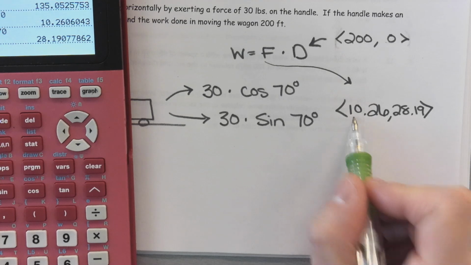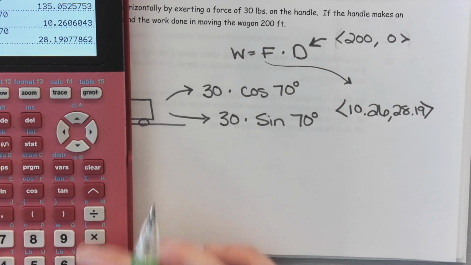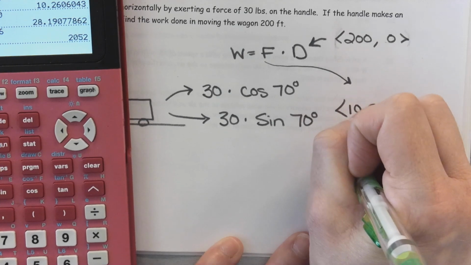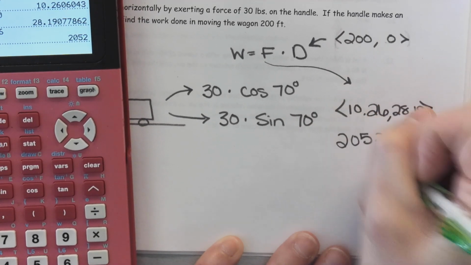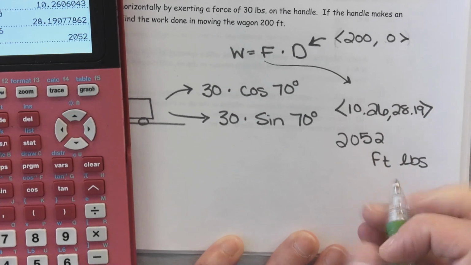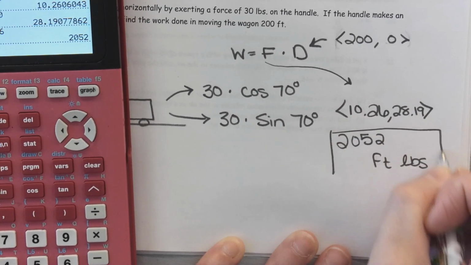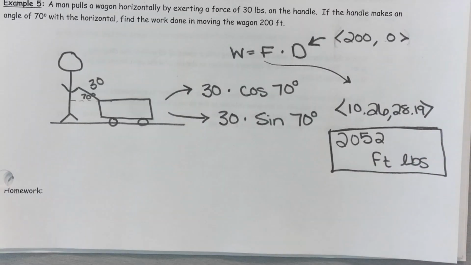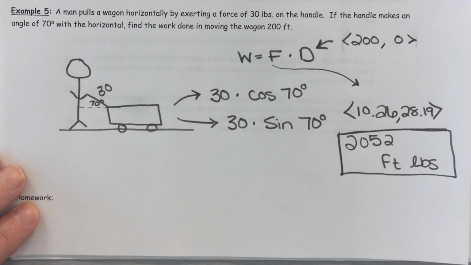So I'm going to do 200 times 10.26, which is 2,052, and this one's in foot-pounds. Foot-pounds of work. Again, there are different measurements out there for work being done. I always just randomly put joules with the last one because we didn't have very much information. This one we have enough to say foot-pounds worth of work.